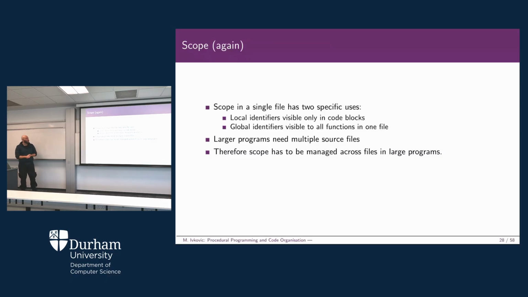So what do we do when we have larger programs, larger projects that need multiple source files? How do we manage the scope between those files? Because the scope is not going to be available usually outside the file unless we make it so. So how do we make it so?